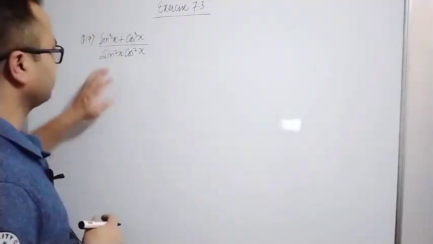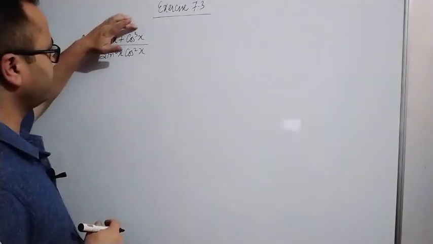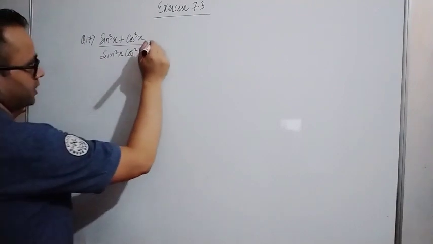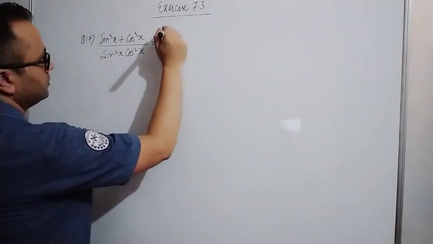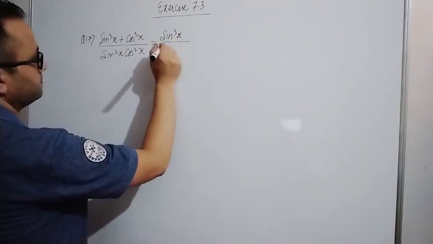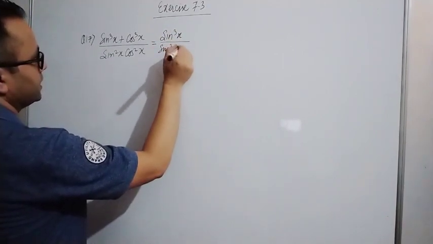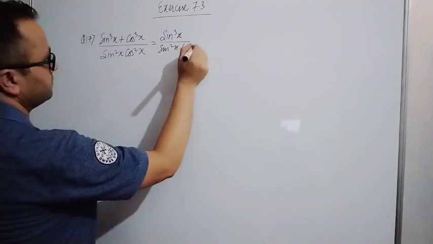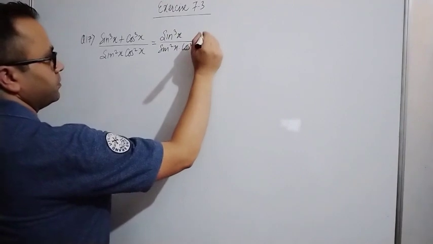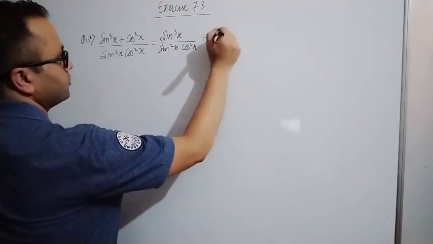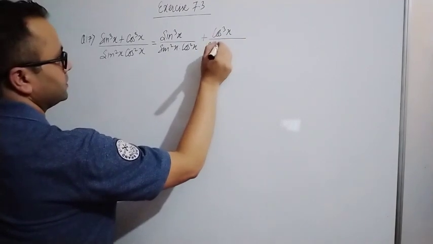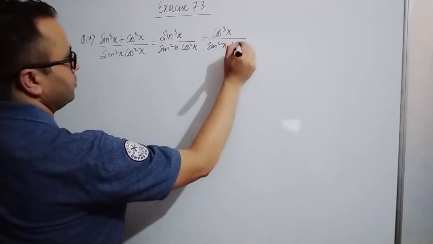Okay, question number 17 is sin cube x plus cos cube x divided by sin square x cos square x. Now first we have to make it into standard form. Sin cube x divided by sin square x into cos square x, plus cos cube x divided by sin square x into cos square x.